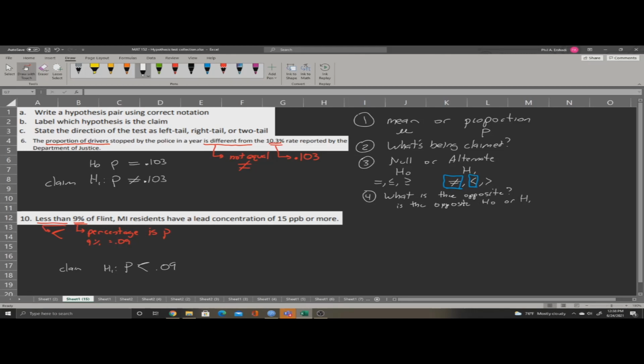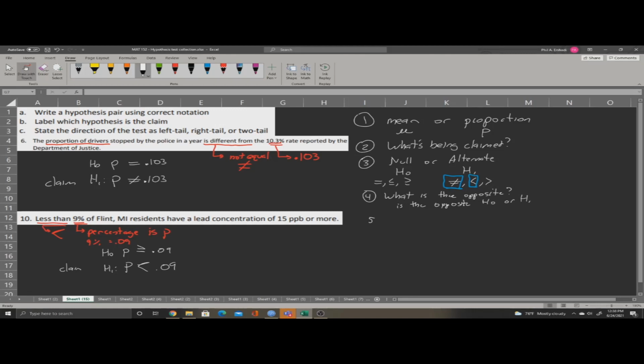Now, for problem 10, once again, we have an alternate hypothesis, so we must also include a null. Now, if we've already used less than, the opposite of less is greater. But because it's null, we know that null will always contain an equal sign somewhere. So we'll put an equal sign with the greater. And we will keep the same symbol and the same number.